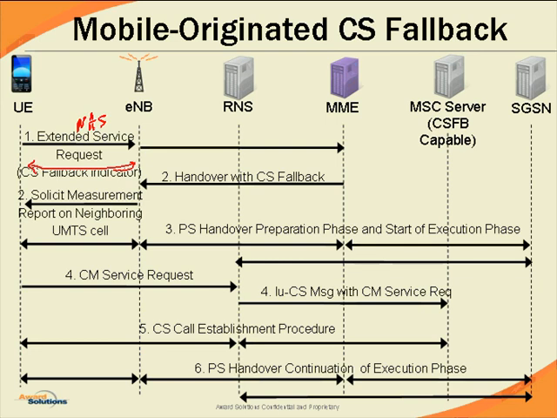So that will find its way to the MME. So that is the key message, extended service request. So for CS fallback, we would use extended service request, a NAS message. So the destination of that message is MME.